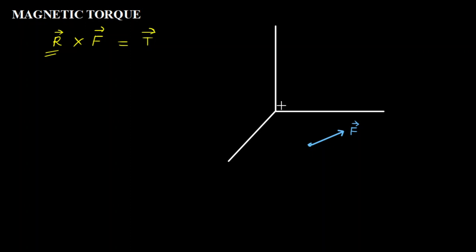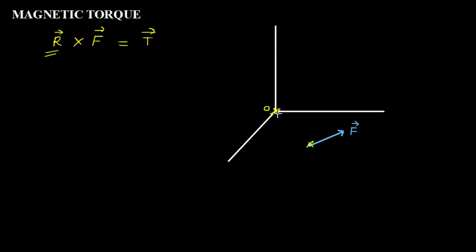Then if I am interested in calculating the torque at the origin of this coordinate system, I was initially talking about 2 points, right? One point is where I am interested to know the torque, and this is the point at which my force is acting.